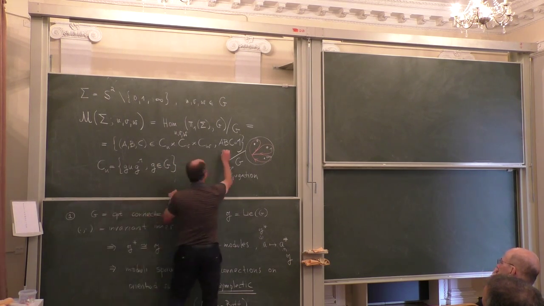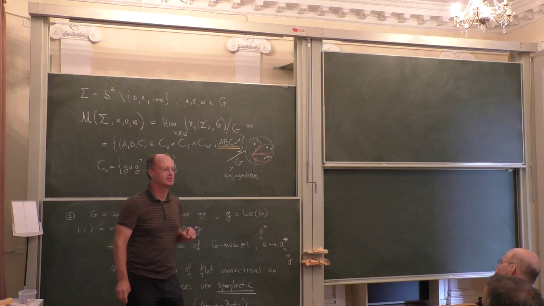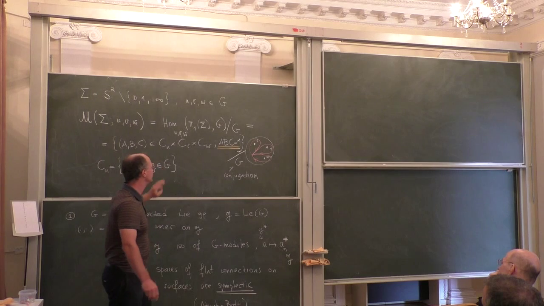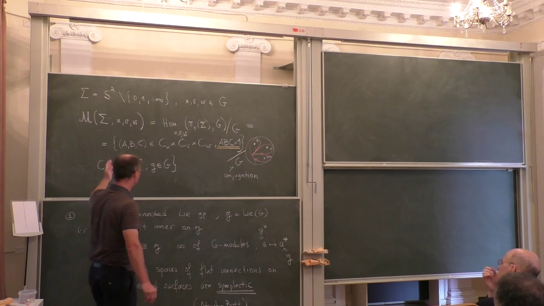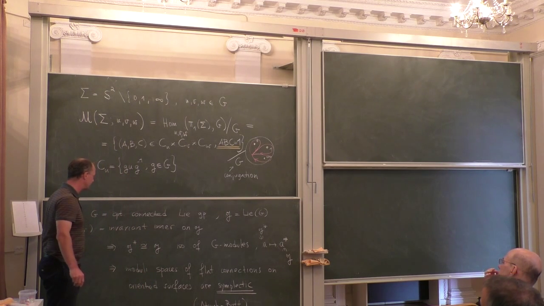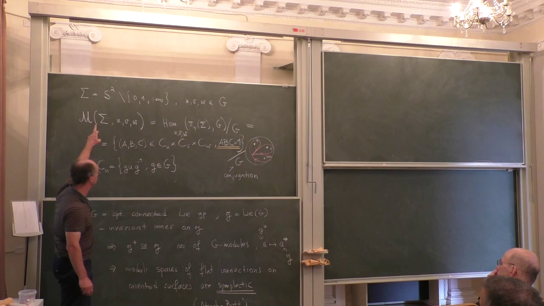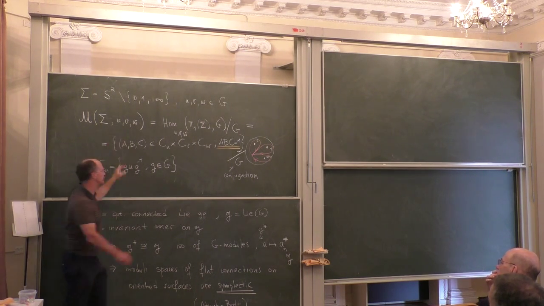In particular, we're looking here at this funny equation, A times B times C equals 1. It looks like a very simple equation, but we're going to talk about this equation. In particular, as the previous blackboard says, if you have an invariant scalar product on the Lie algebra, this space carries a canonical symplectic structure.